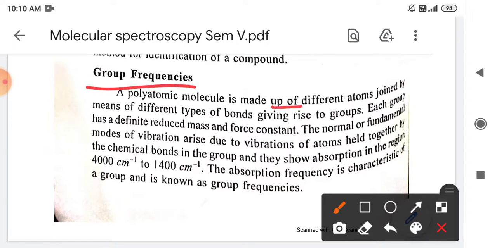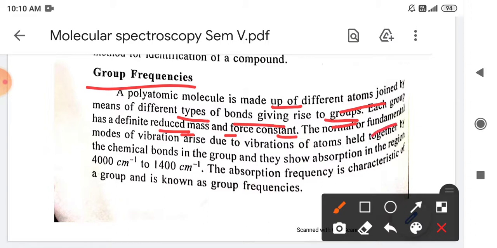A polyatomic molecule is made up of different atoms which are joined together by different types of bonds, giving rise to a group. So in a group we have various types of atoms which are bonded together in a specific manner. Each group has a definite reduced mass and a definite force constant.